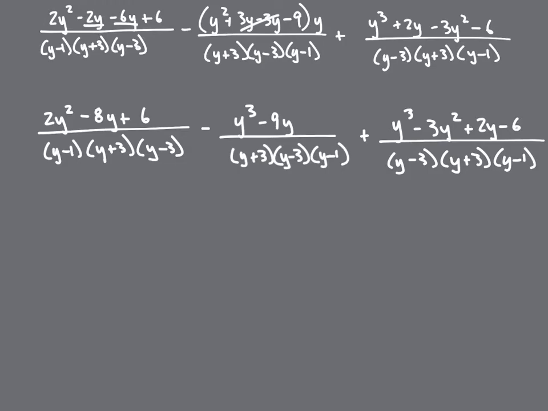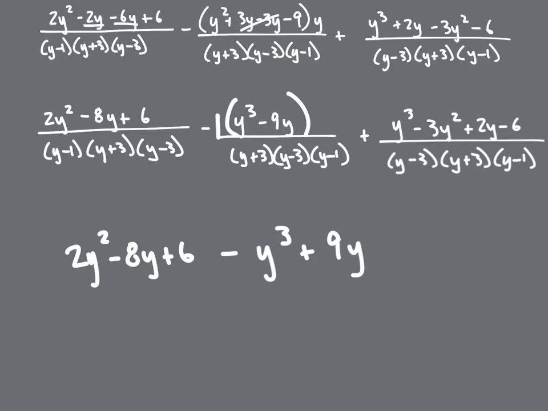Okay, so what I'm going to do is I'm going to write 2y squared minus 8y plus 6. Once I have this, where I subtract this, I'm really subtracting a quantity here. And it's like I have a minus negative 1 on the outside. I need to distribute this negative. So what I end up getting here is minus y cubed plus 9y.